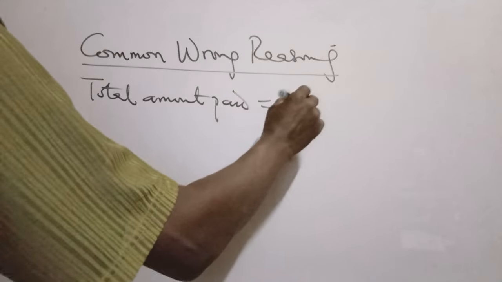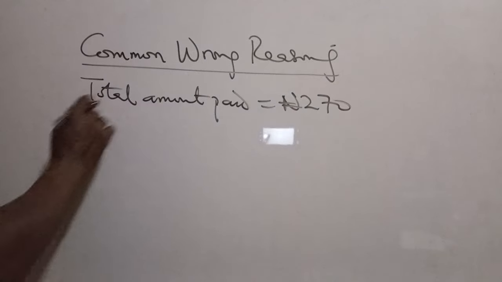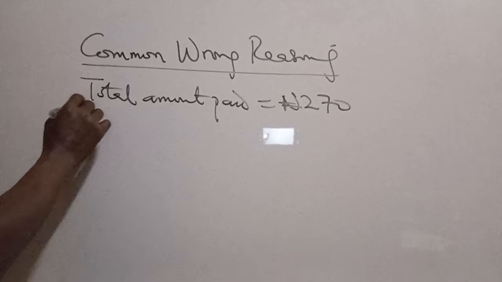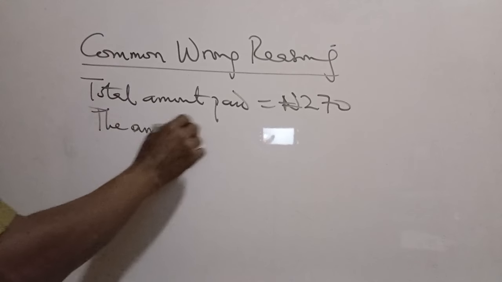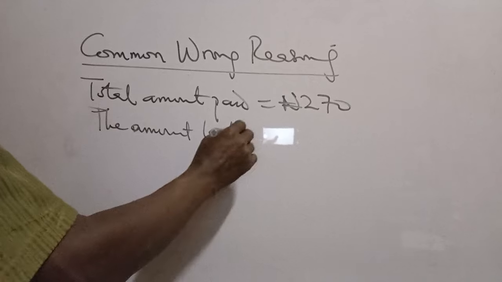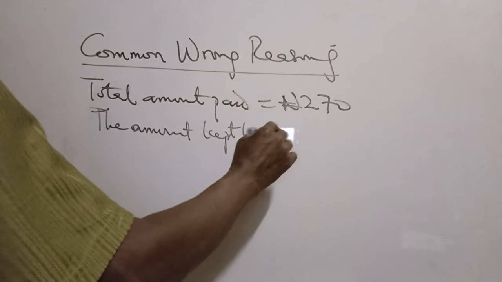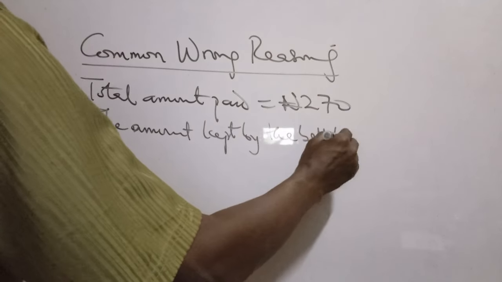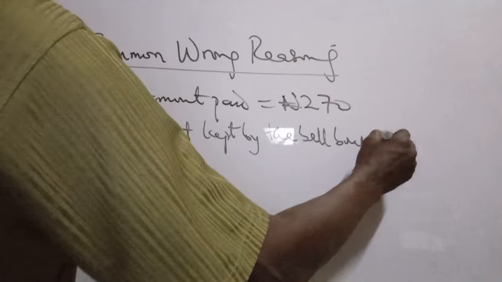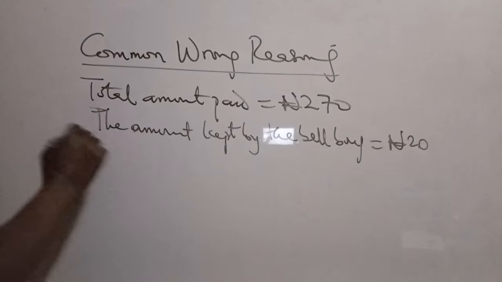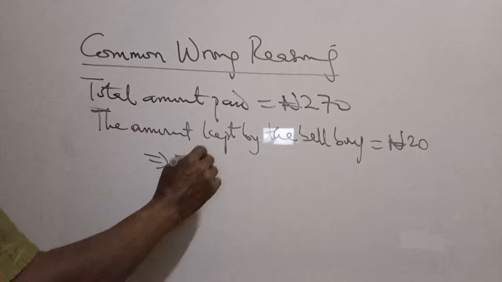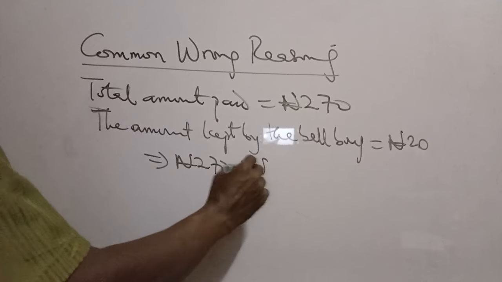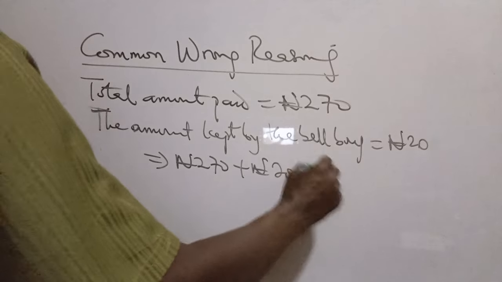Okay, good. Now the amount kept by the bellboy is 20 naira. Good. So that implies 270 naira plus 20 naira is 290 naira.